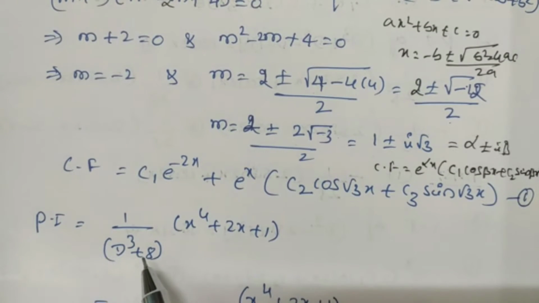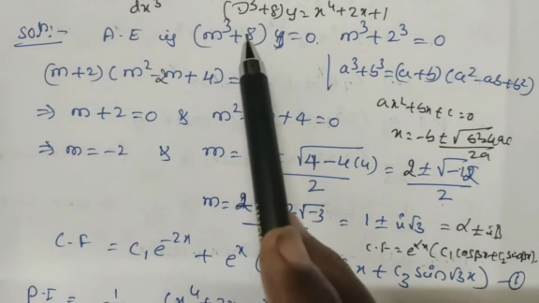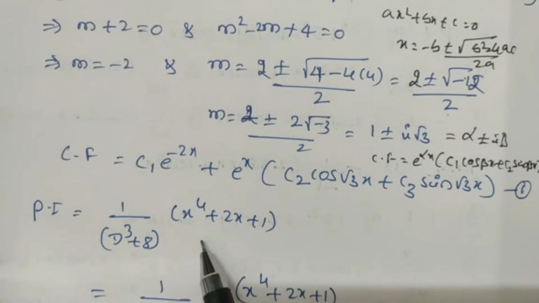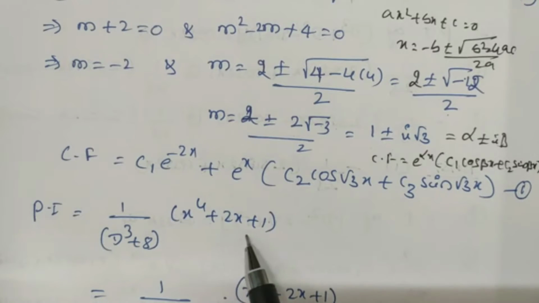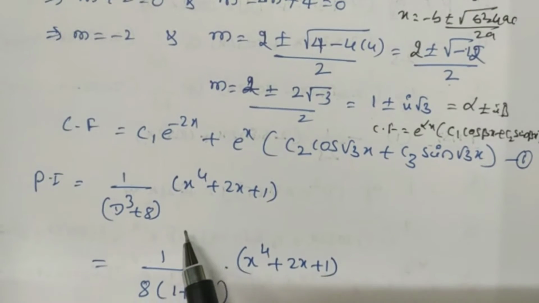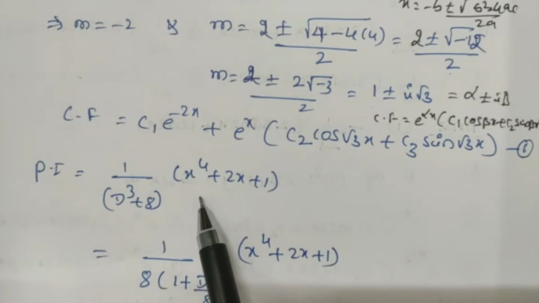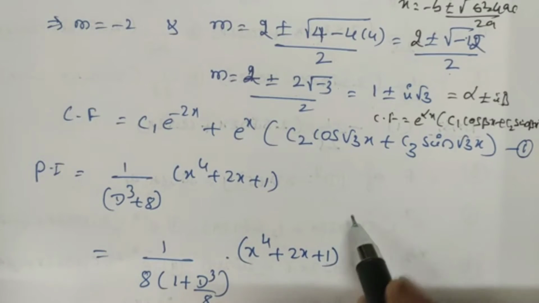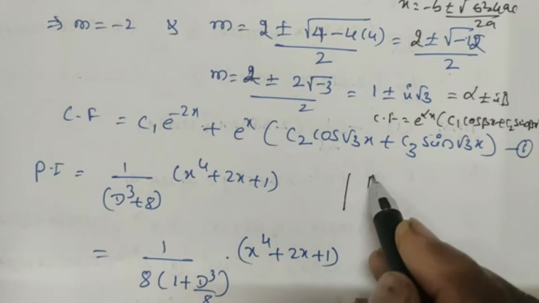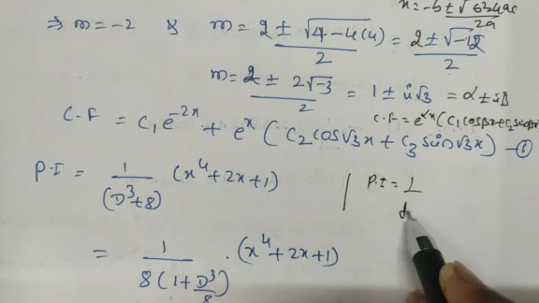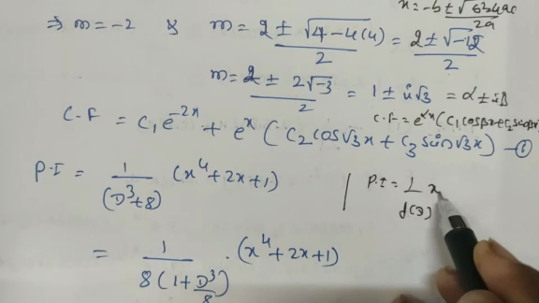Next, you have to find the particular integral. Particular integral equals 1/f(D) of the RHS. F(D) here is D³ + 8, and the RHS is x⁴ + 2x + 1. While finding the particular integral, the RHS is in the form of x to the power of m.